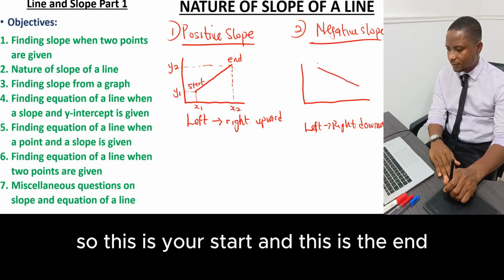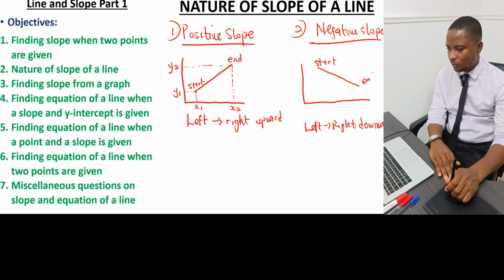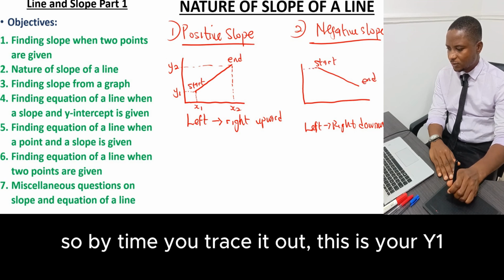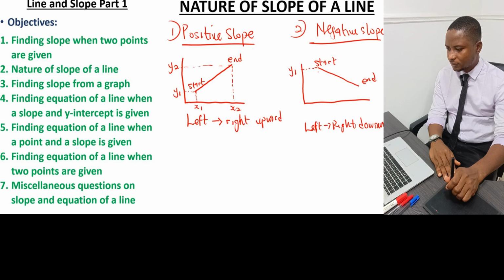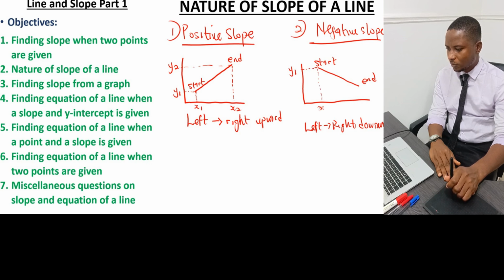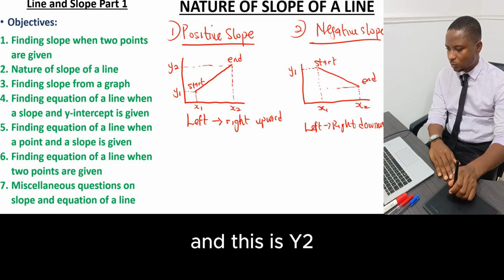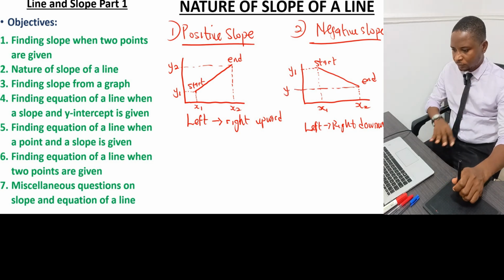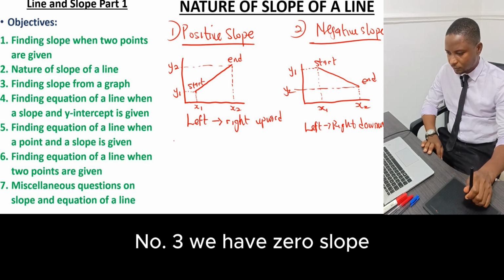So this is your start, and this is the end. So by the time you trace it out, this is your y1. Trace it down, this is your x1. This is x2. And this is y2. Number 3, we have zero slope.